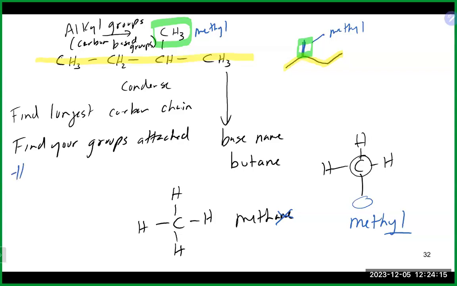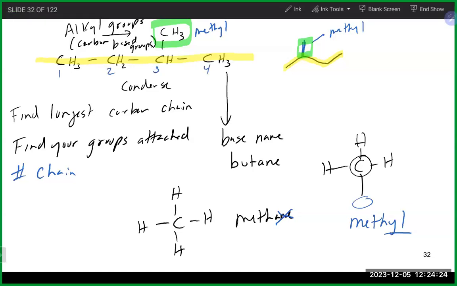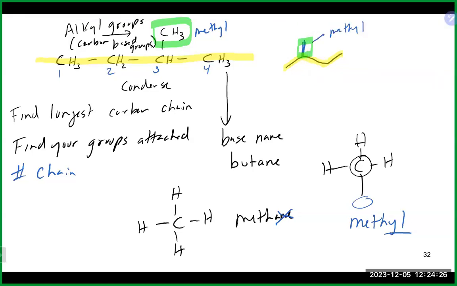We can number the chain left to right, which is 1, 2, 3, and 4. Our other option would be going right to left, which would be 1, 2, 3, and 4. So again, we could do the same thing here. Those are your 2 options in terms of numbering.